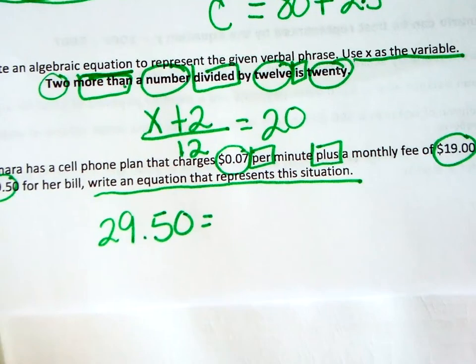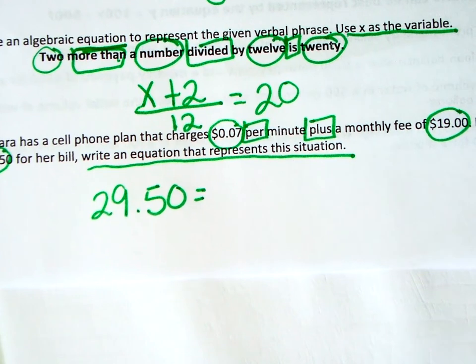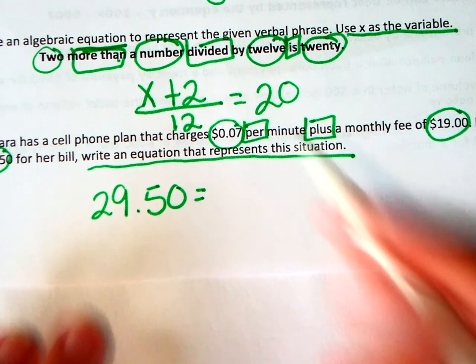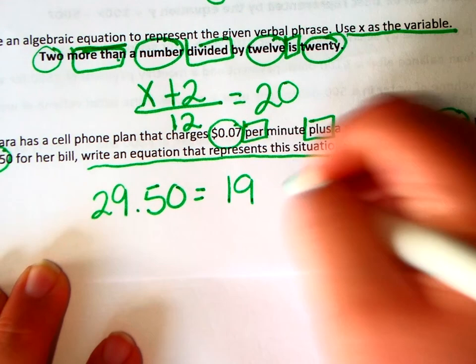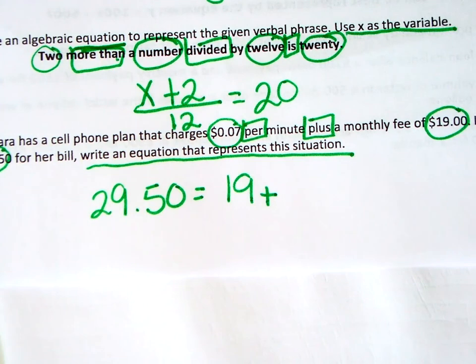I'll move this up for you. So how are we getting to that $29.50? We're going to add something, and we're also going to multiply something. So what is the base fee, the monthly fee, no matter if she uses that phone or not? $19. And then we're going to add what to that? 7 cents.